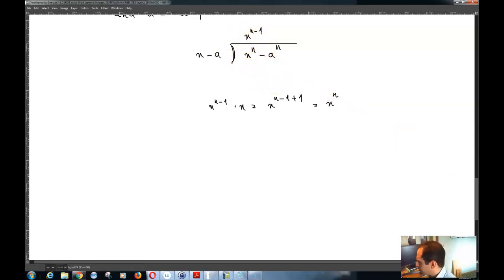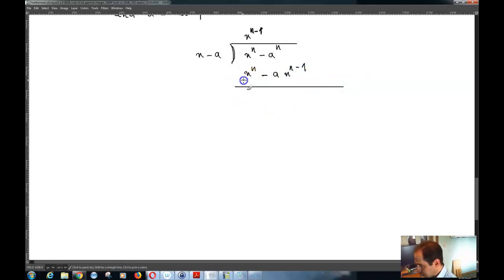So this is x raised to the power n minus 1. Then if I multiply x raised to the power n minus 1 by x, I will get x raised to the power n minus a times x raised to the power n minus 1.